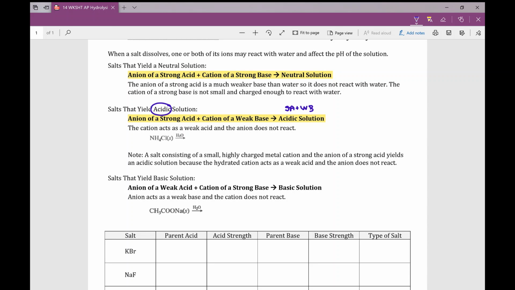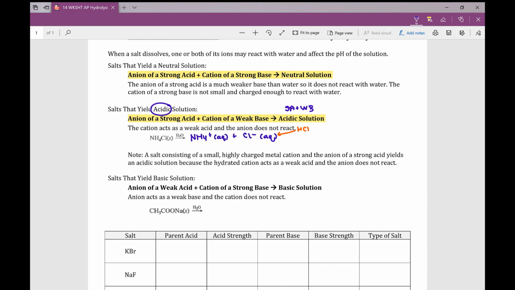So if we look at the salt ammonium chloride, when it dissociates it forms ammonium and chloride ions. Those chloride ions you can think of as originating from HCl, which is a strong acid.